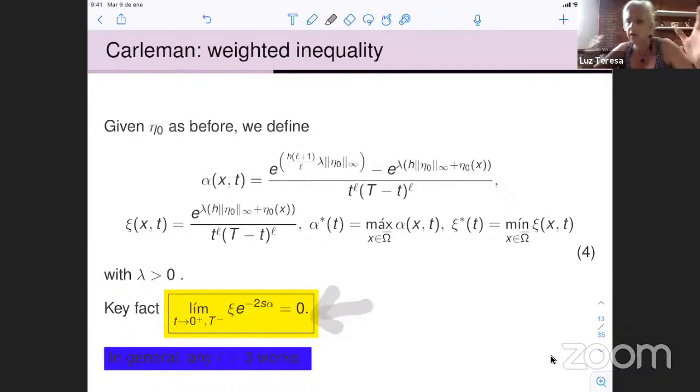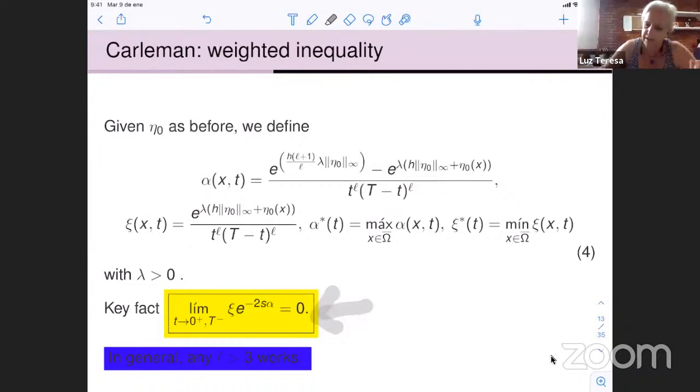So you can make a change of variables, integrate by parts your heat equation, and when you integrate by parts, you don't have any term in the time boundary. Okay, so it's the magic with this weight.